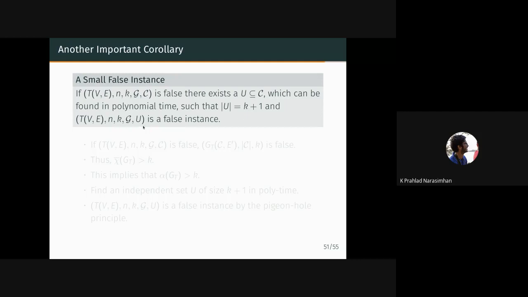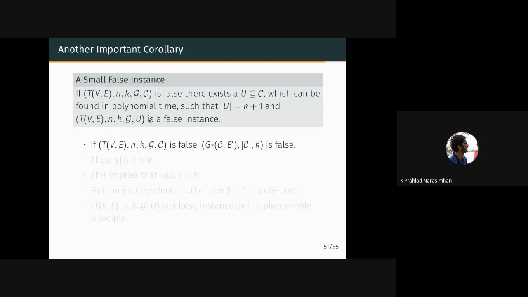Okay, so why I say this is small is because C can be of any size, right? C can be order n, it can be order 2 power n, it can be anything. But I'm just claiming that there exists something of order k, which itself gives a false instance.